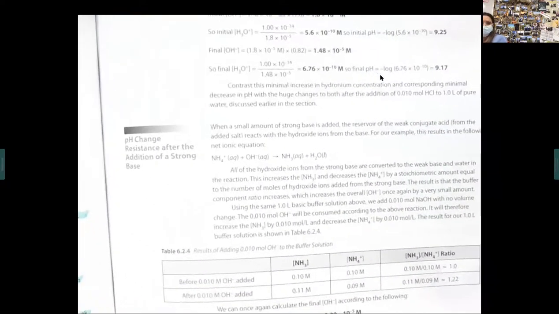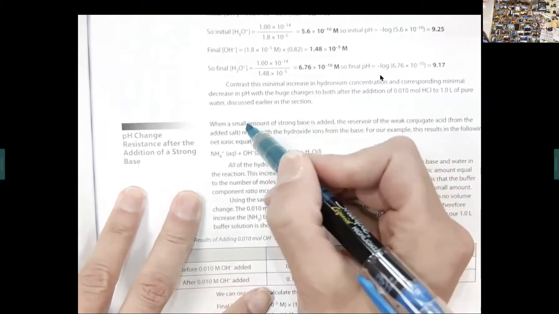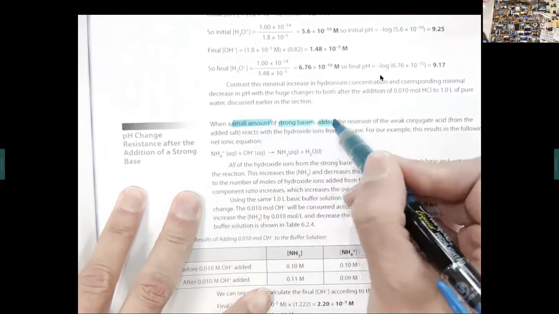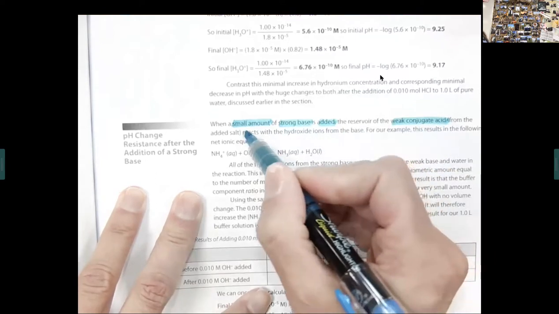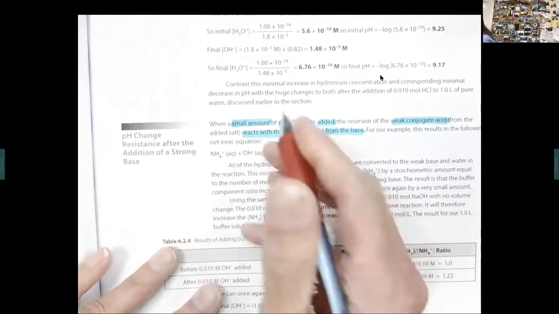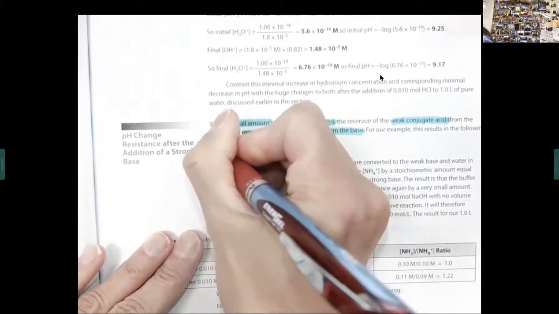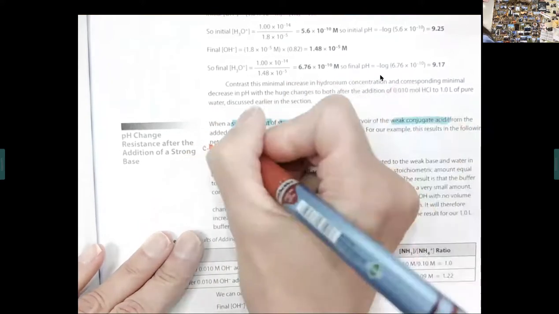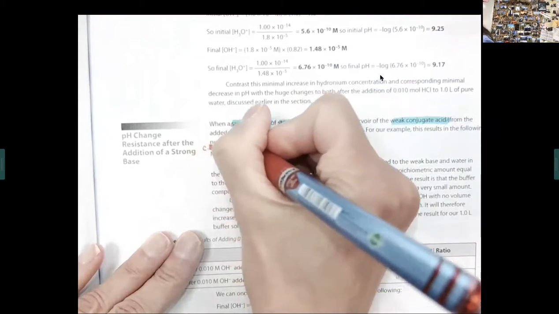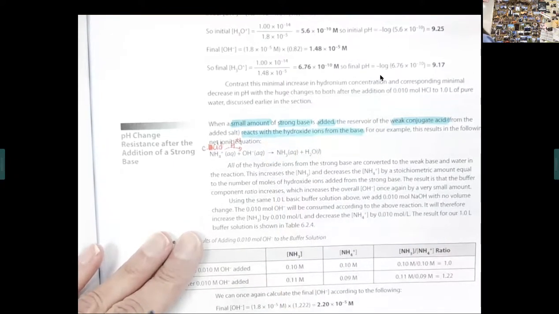So if you take a look at page 351, pH change resistance after the addition of a strong base. Over here, when a small amount of strong base is added, the weak conjugate acid reacts with the hydroxide ions from the base. So here is your weak conjugate acid, and you're going to have a hydrogen being donated to the hydroxide, and then you're going to end up forming NH3.